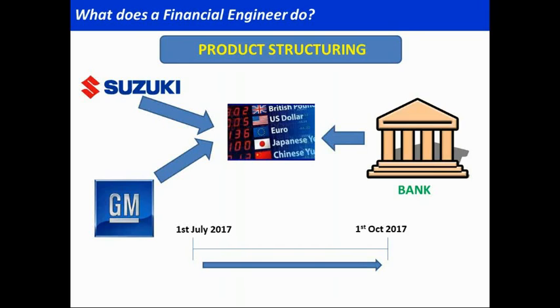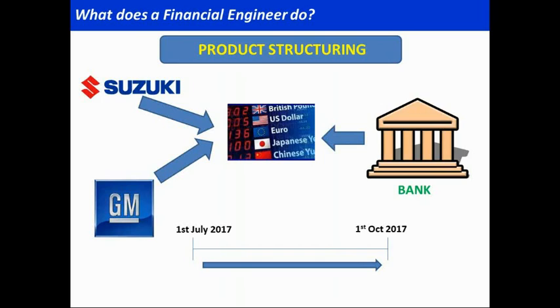It doesn't need the foreign exchange today. It has to pay later. But what it can do is approach a bank and enter into a contract which will lock in the price of the dollar as it is today.